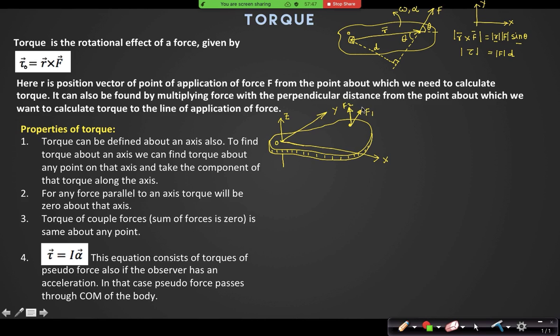F1 lies in the XY plane, but F2 is perpendicular to the XY plane, along the Z axis.